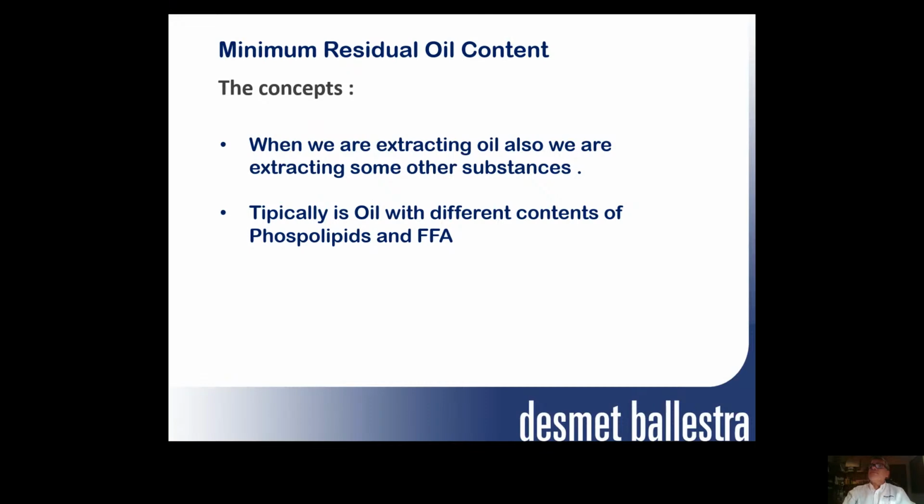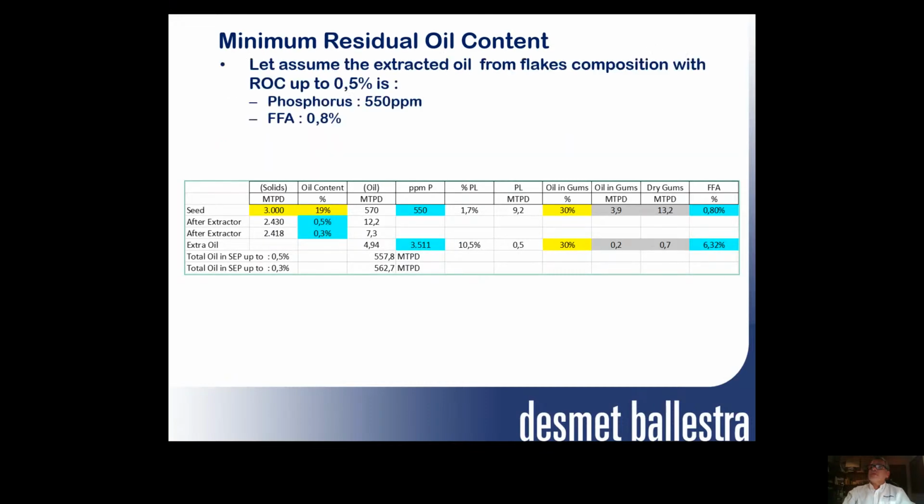I will show later the different amounts of phosphorus and free fatty acid content at different stages of the extraction.